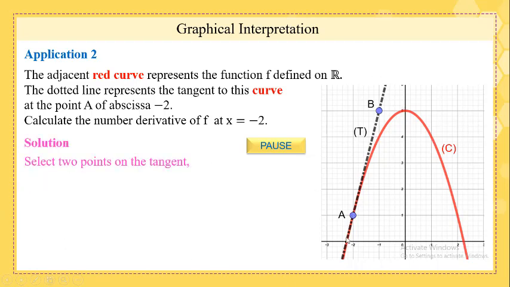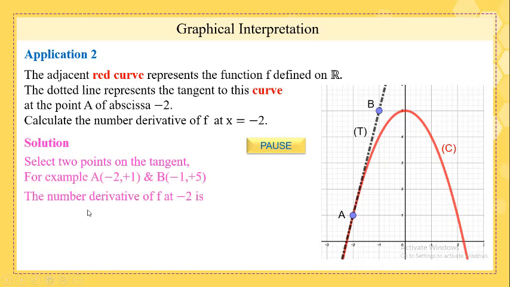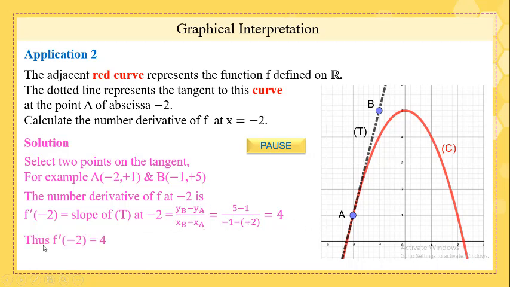Simply we select 2 points on the tangent, a and b, and we say that the number derivative of function f at x equal minus 2 is the slope of the tangent. We calculate the slope of the tangent (yb minus ya) over (xb minus xa). So simply f prime of minus 2 equals 4.